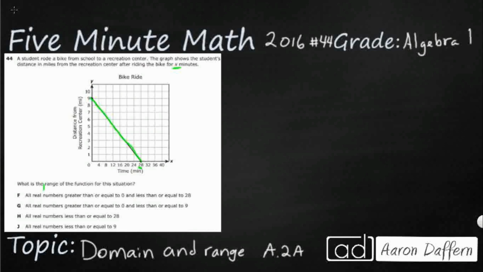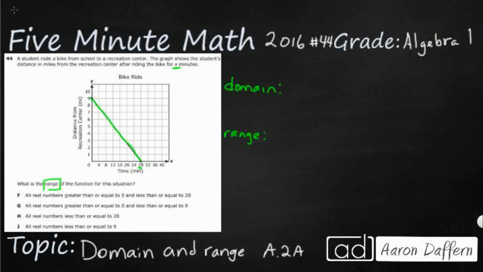Now, we need to find the range. There are two terms that we need to understand here, domain and range, and unfortunately neither of them are going to be defined for us on the mathematics chart.